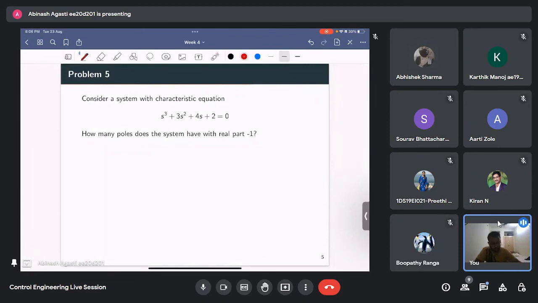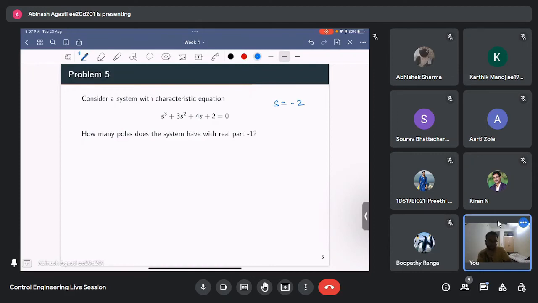Okay. So another type of questions that might come is like this. You have a characteristic equation given. How many poles does the system have with a real part -1? Or if there is a question like you are given a characteristic equation, how many poles are on the left side of s = -2?